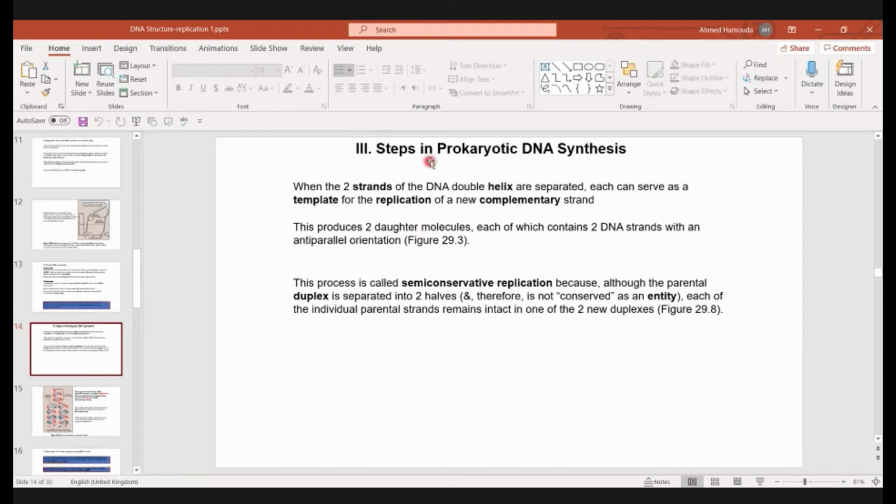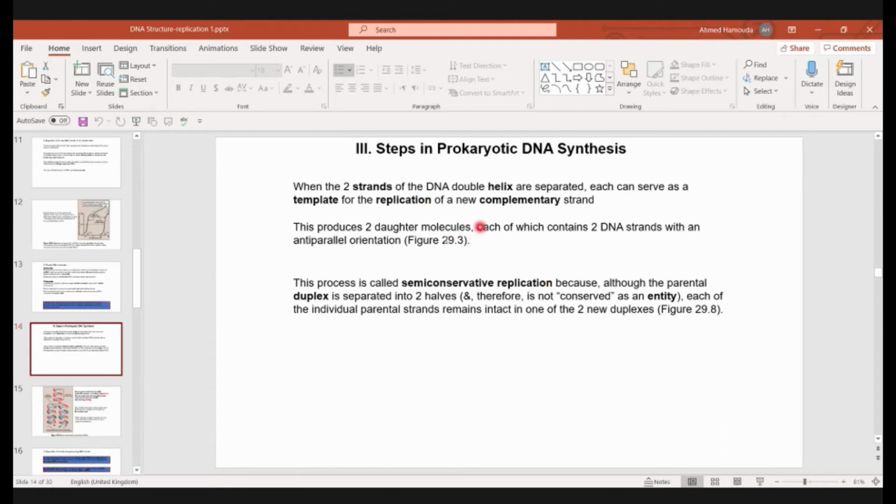So you have one double-stranded DNA, and you want this double strand to be replicated so that the 2 cells that you will have as well have 2 chromosomes, 2 double-stranded chromosomes.